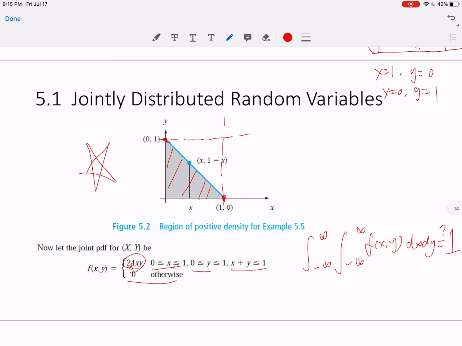If we want to find this, we have to find the boundaries of x and y, right? So if we have a rectangle, as in the previous example, we can tell, okay, x is between 0 and 1 and y is between 0 and 1 as well. That case is easier, but this one is a little bit more complicated. So if we want to find the boundary of x and y, we have to fix one variable and find the boundary for the other one.